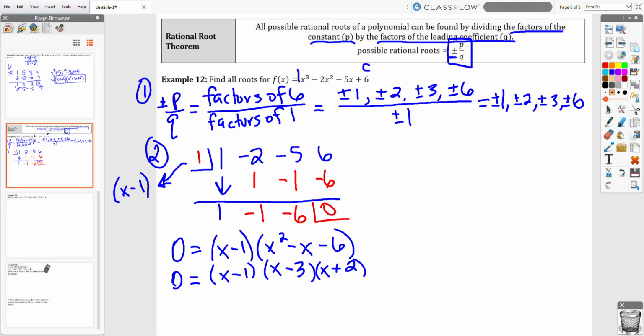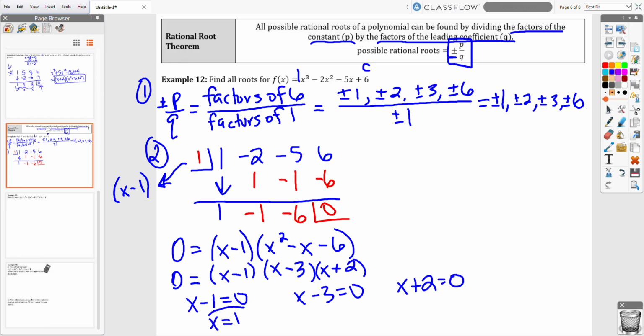And then remember, once your polynomial is factored completely, you can separate each factor and set each one equal to 0 and solve those independently to get your solutions. So on the first one, obviously, we get our positive 1.